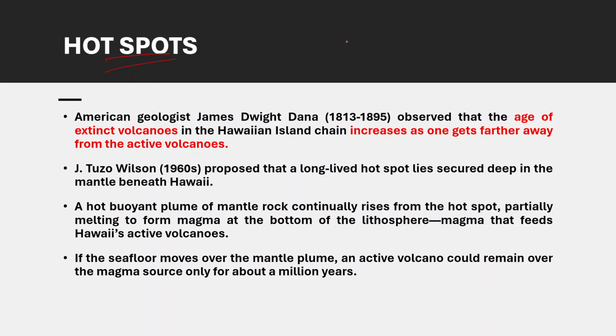For those of you who have seen it in maps, the Hawaiian island chain is, as the name suggests, islands like this. What Dana observed is that, for instance, let's say this is a volcano. This volcano is older and extinct, and this volcano is younger and active.